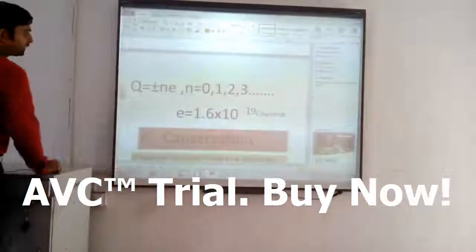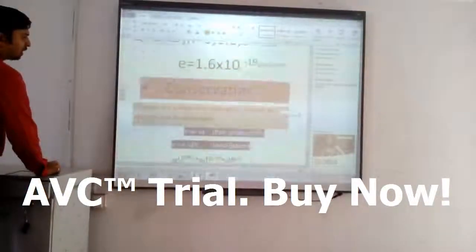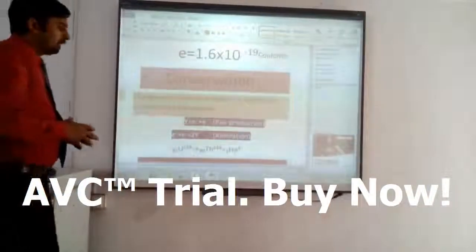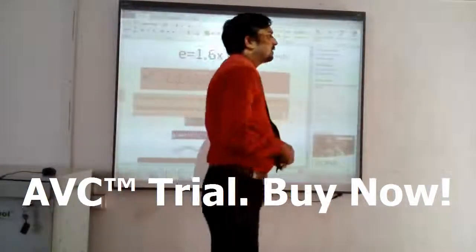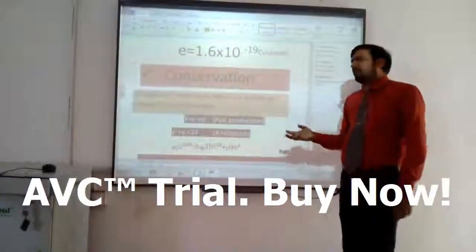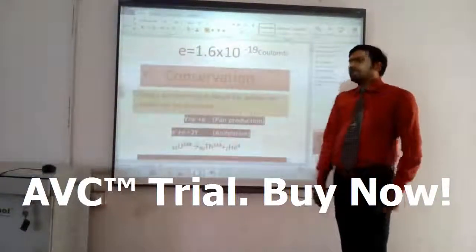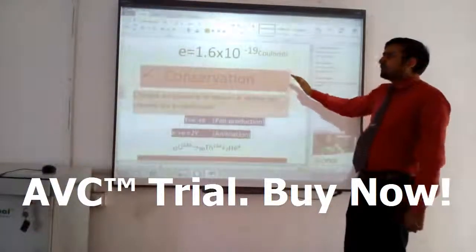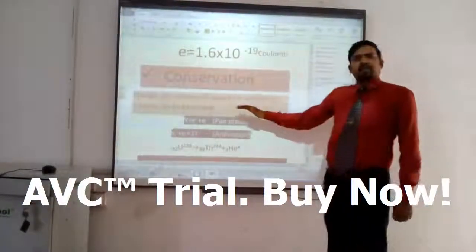Now, we move to the very next property, and that is called conservation. Conservation of charges. There are different conservation laws: conservation of momentum, linear momentum, angular momentum, conservation of energy. In the same manner, conservation of charge means charges are conserved in nature.